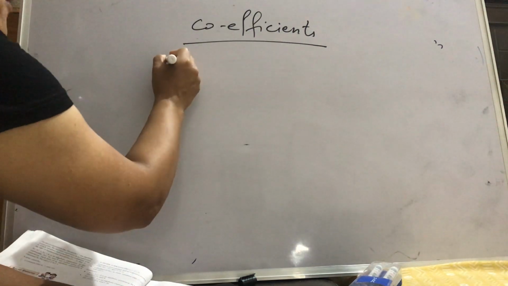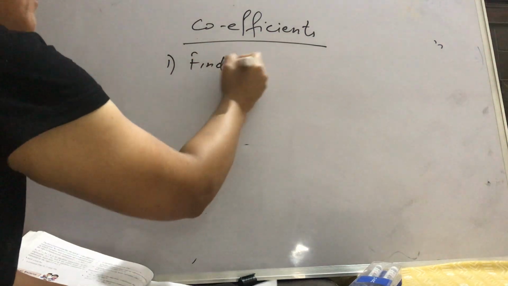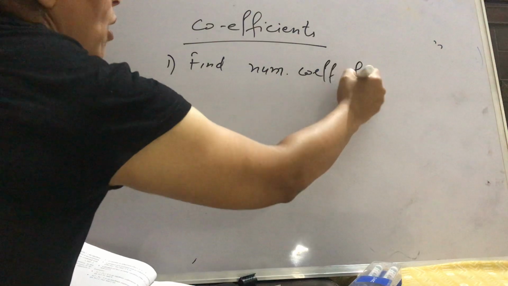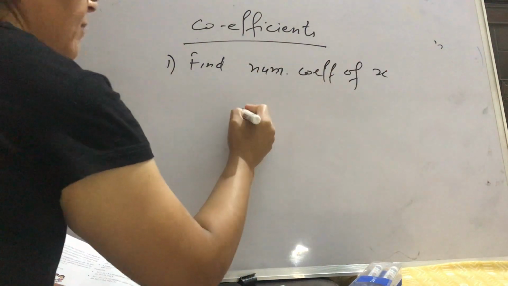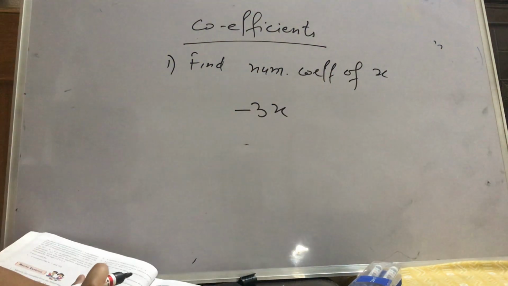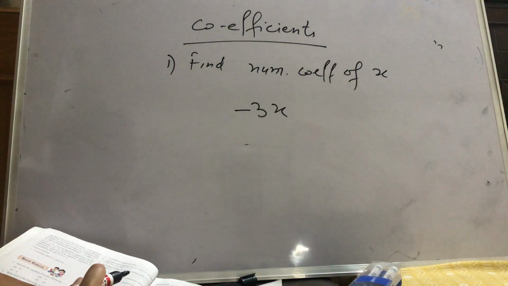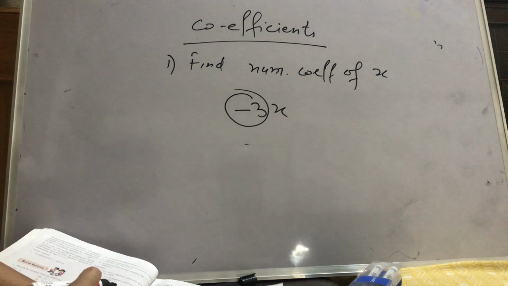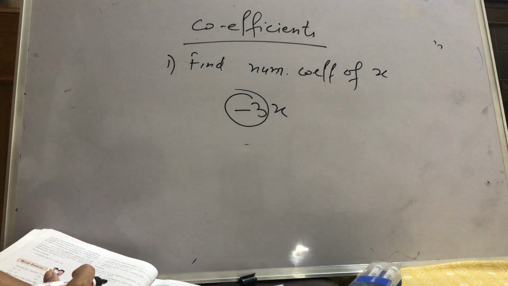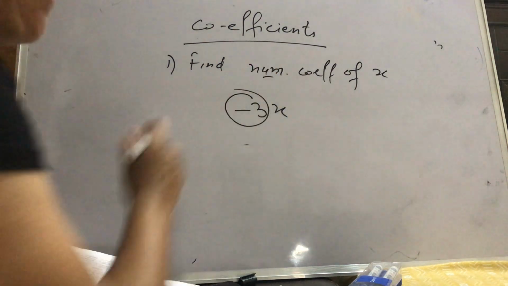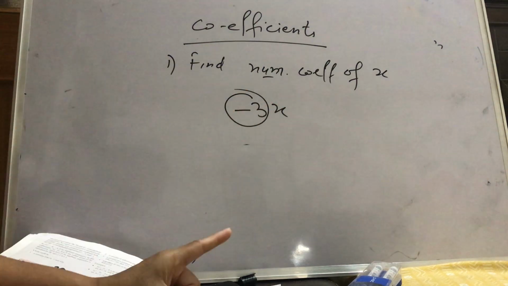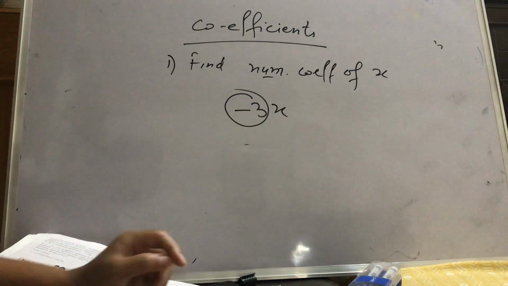As if I give you, find the numerical coefficient of x in this term minus 3x, the numerical coefficient of x means minus 3. It will not be only 3, it will be minus 3. Numerical means number. The number that is written with x, that is minus 3.